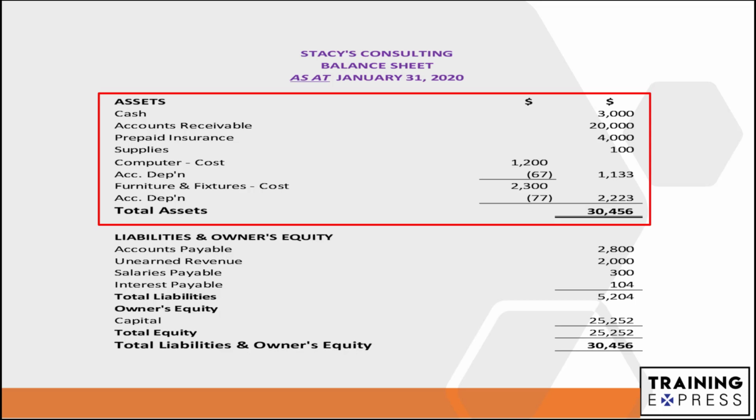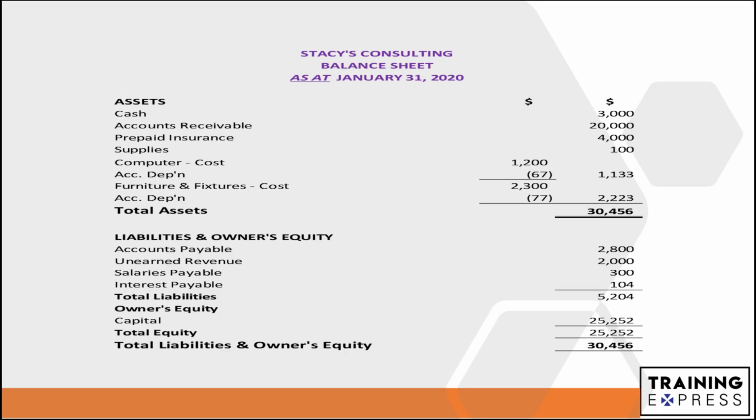And then you would have furniture and fixtures cost and minus accumulated depreciation. And now you can look at the total assets, $30,456. If you remember the balance sheet equation, it was assets equal liabilities plus owner's equity.